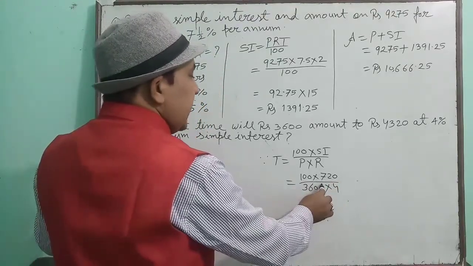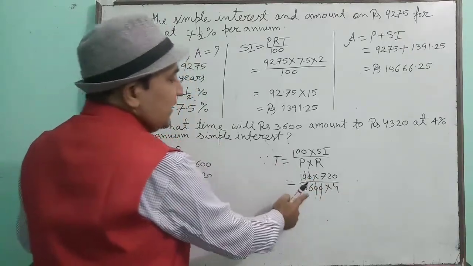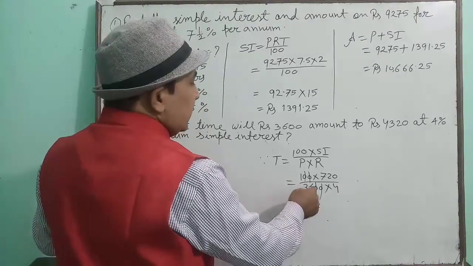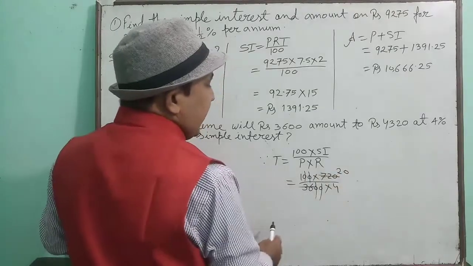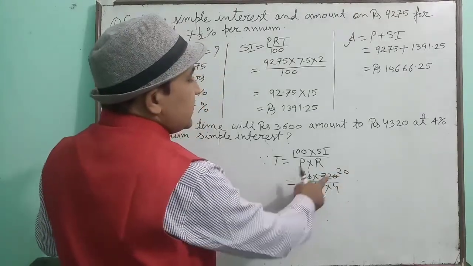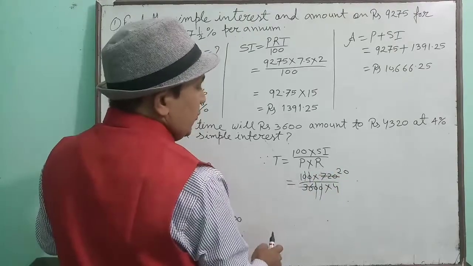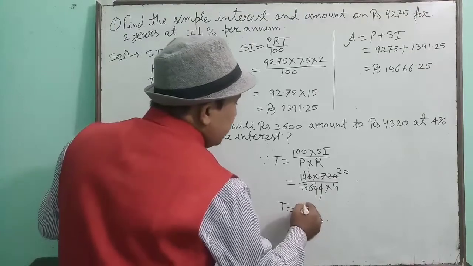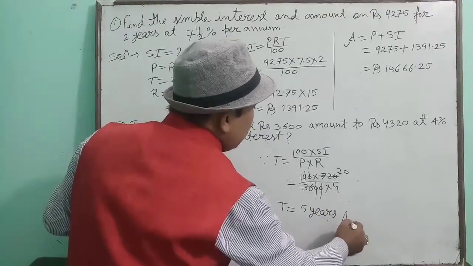Now you can see that 100 is dividing 3600 by 36 times and 36 is dividing 720 by 20 times because 36 into 2 is 72 and then 36 into 0 is 0. 4 is dividing 20 by 5 times, means time is equal to 5 years.